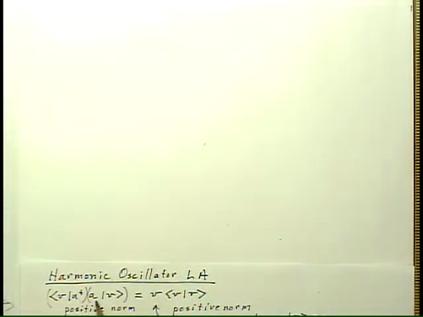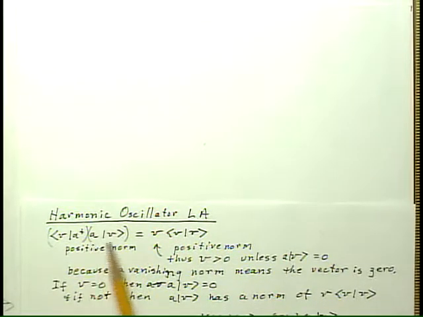That's because A dagger A acting to the right gives us exactly the eigenvalue nu. This object right here must have a positive norm, and this object here must also have a positive norm. It follows that nu itself must be positive or 0.